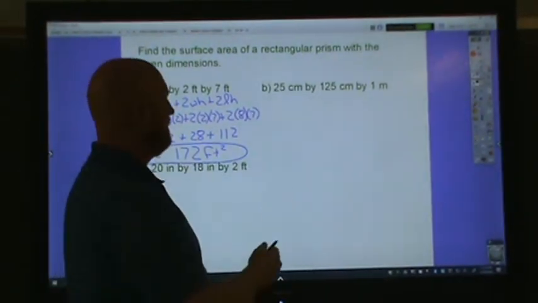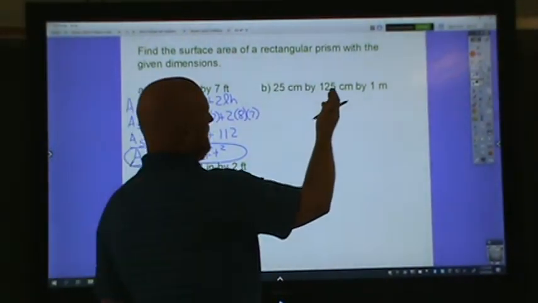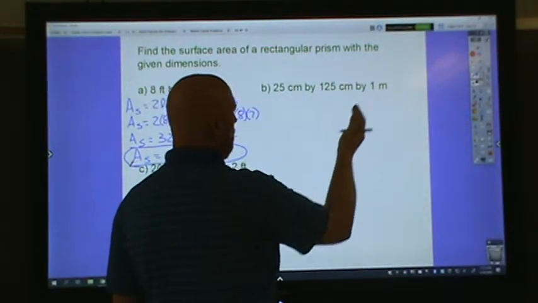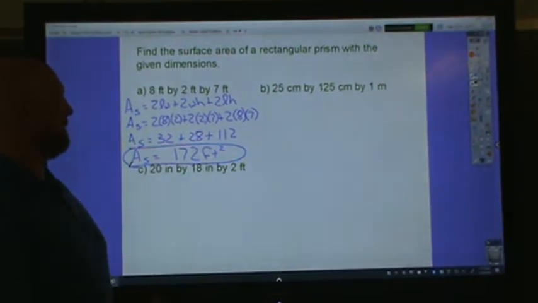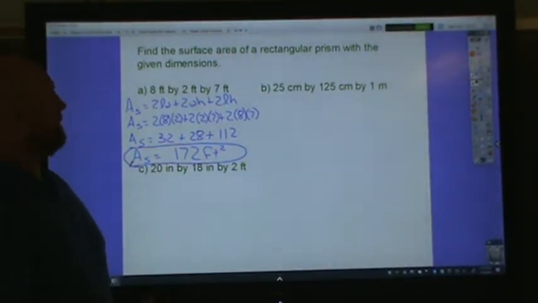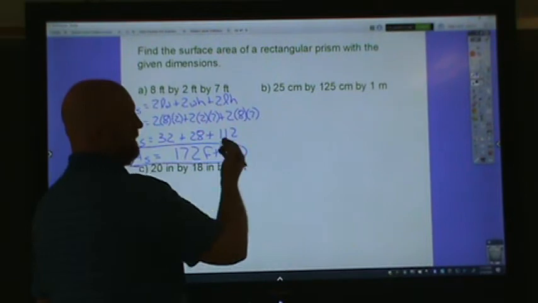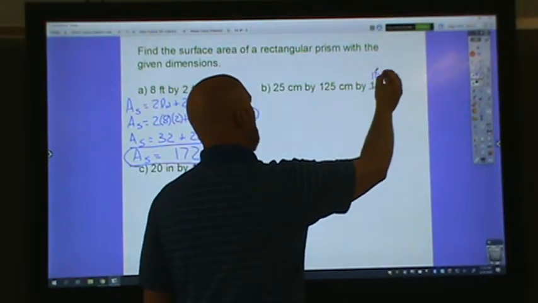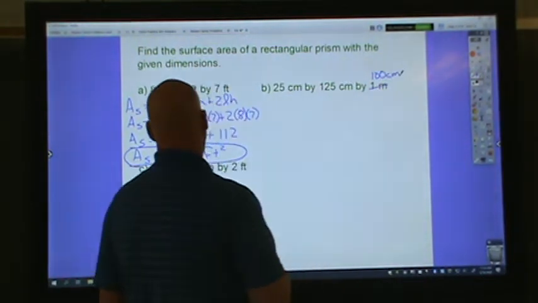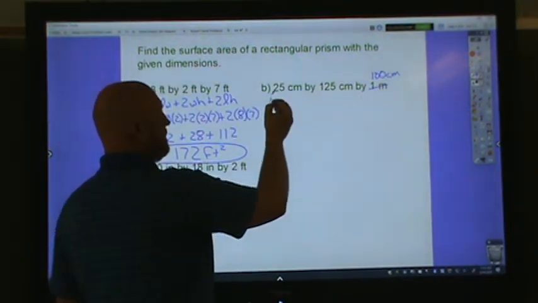For part B, if you notice, we have these dimensions of 25 centimeters by 125 centimeters by 1 meter. So our dimensions don't match because our units don't match. So what we want to do is convert whatever's easiest for us. Since I already have 2 in centimeters, I'm going to change this 1 meter to 100 centimeters. And again, I'm going to use that formula, so I'm going to write it.